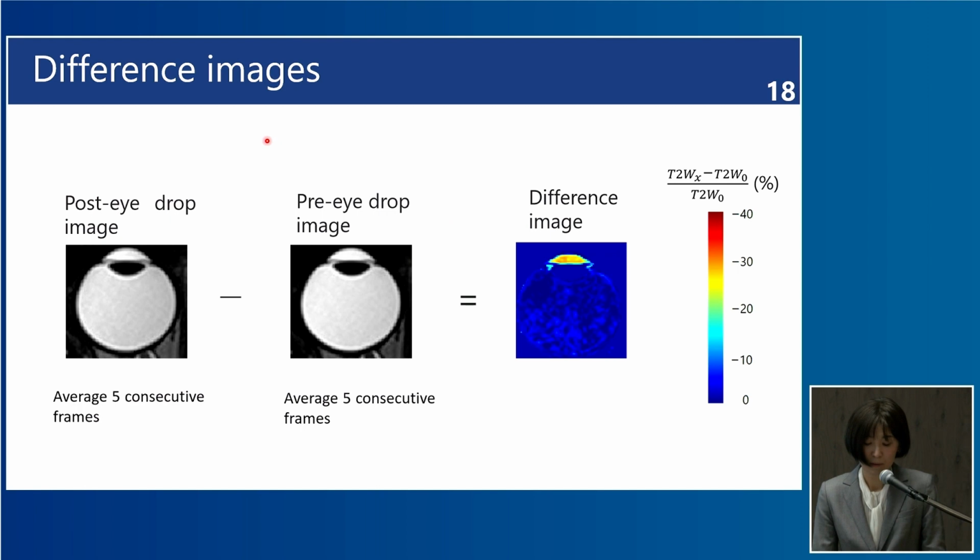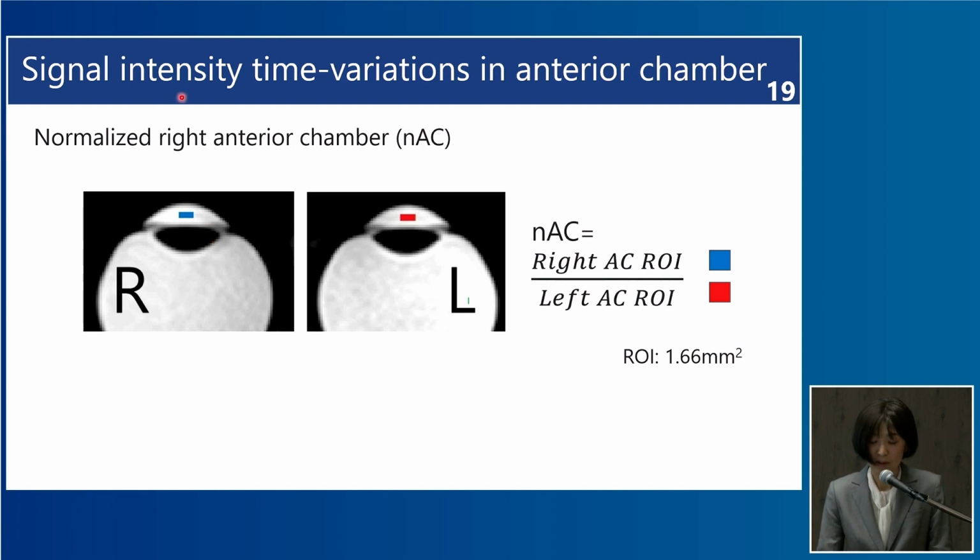Each difference image was obtained by subtracting the pre-eye drop images from the post-eye drop images. Signal intensity time variations were calculated in the right anterior chamber region. Signal normalization was done by dividing the right anterior chamber ROI by the left anterior chamber ROI.